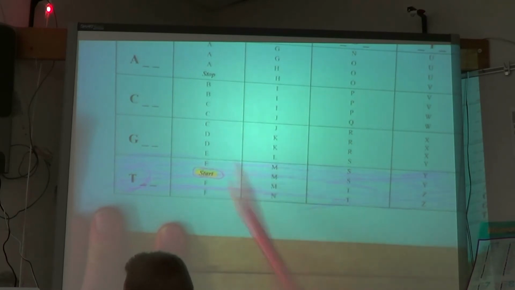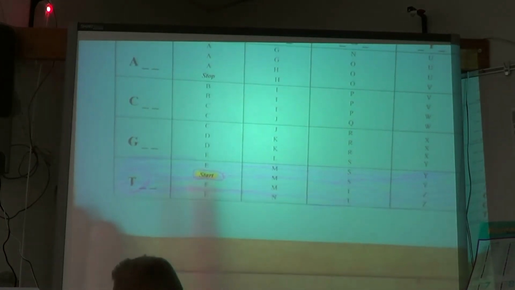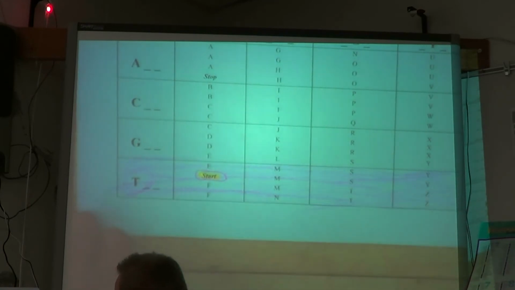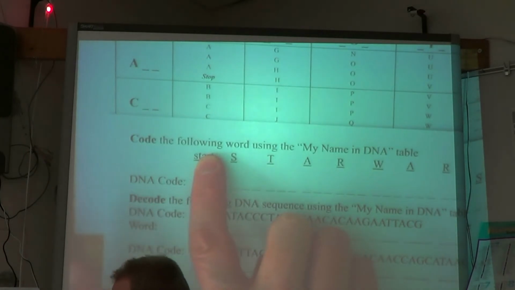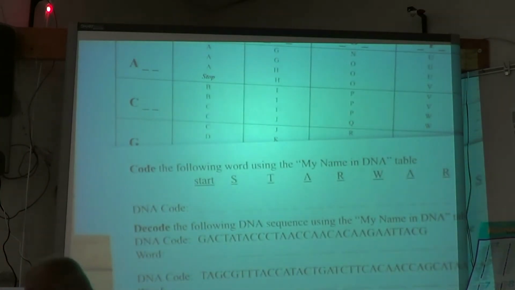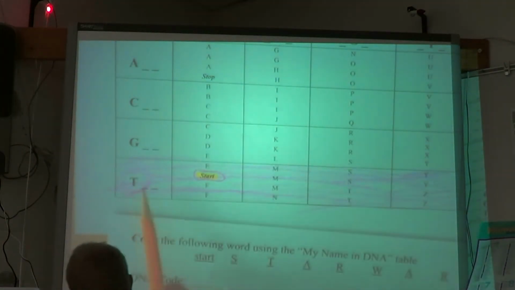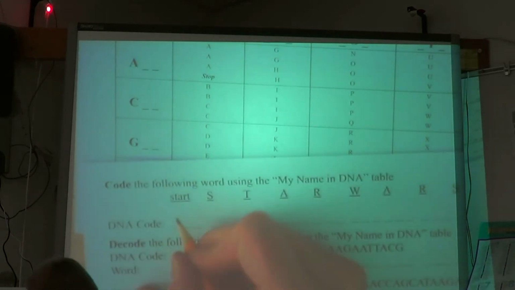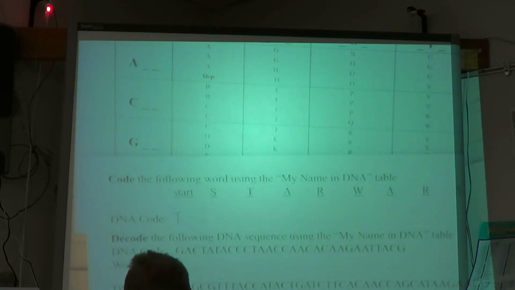So I want this box, so my first letter is T. But if I wanted this over here, this specific location, my first letter would still be a T. In my word Star Wars, I need to code for a start first. So before I can start spelling the word Star Wars, I need to say start. My first letter is the shaded row, and my first letter of my start codon is a T.